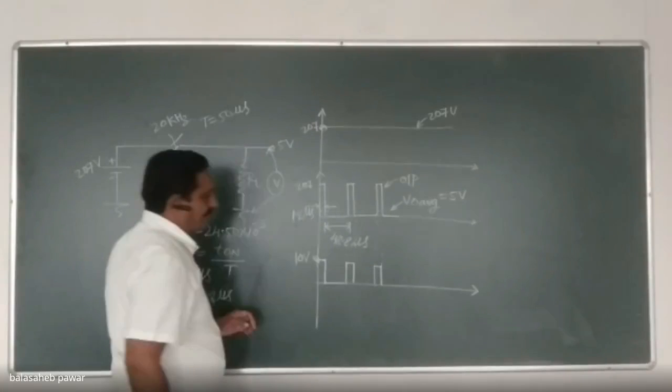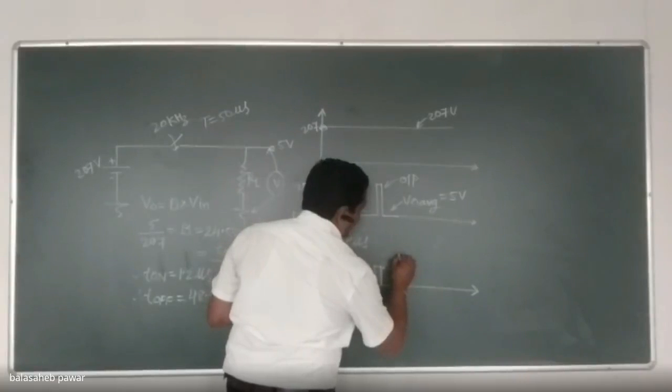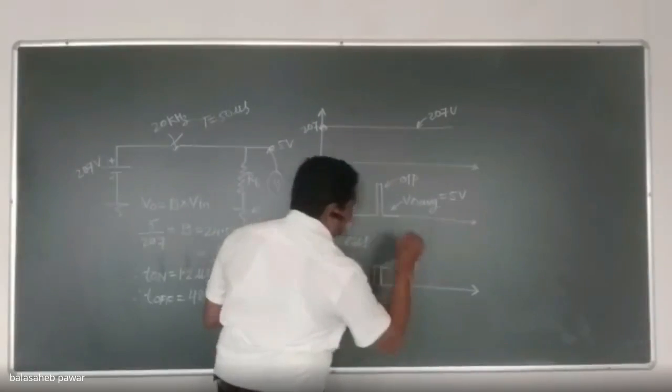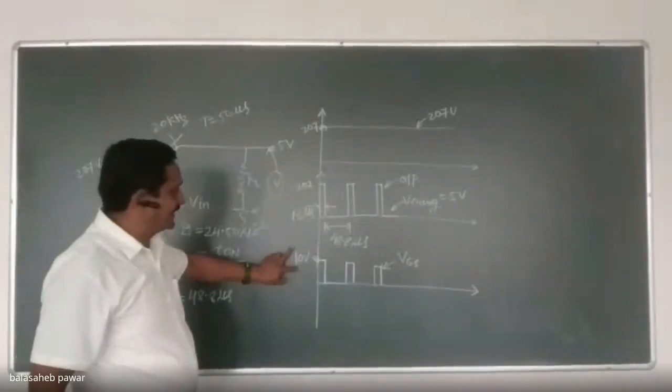Correct? So this third one is nothing but VGS, having its amplitude at 10 volts.